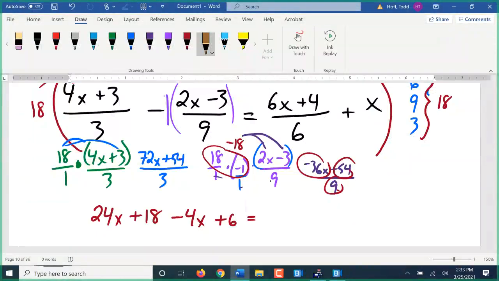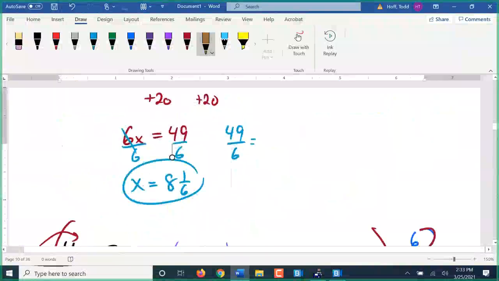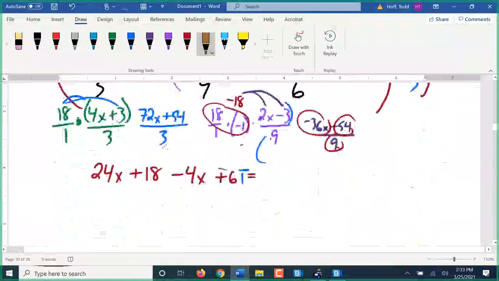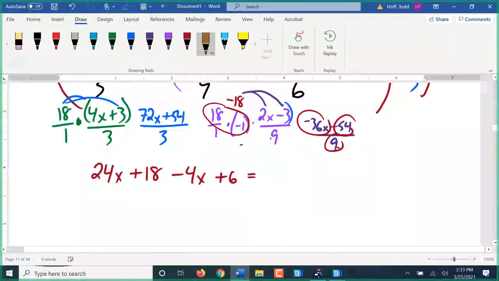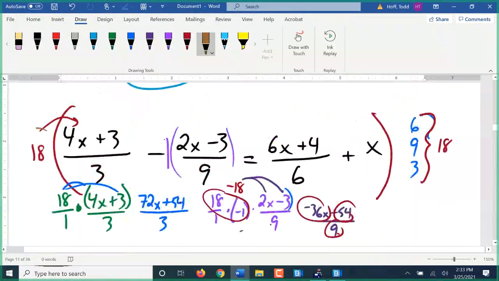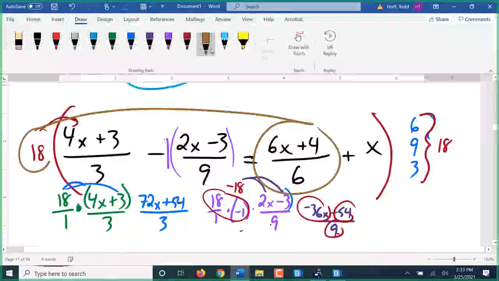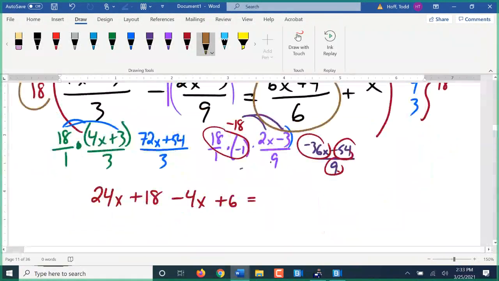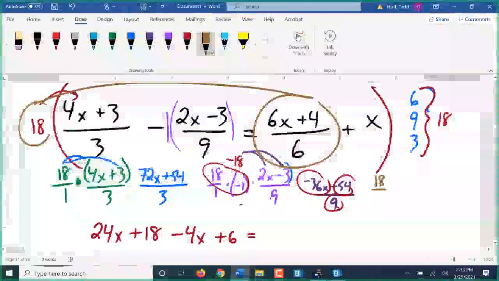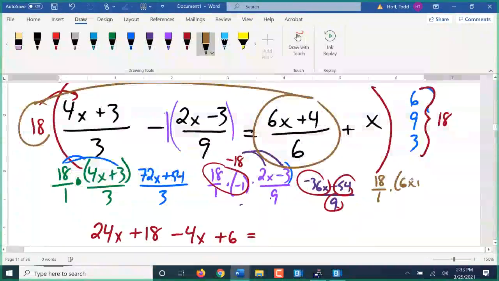Well, now we still have to multiply. What happened there? Dragged some things I didn't mean to drag there. Get rid of that. Now we still have to multiply the 18 times the right side of the equation. So 18 over 1 times (6x plus 4) over 6.